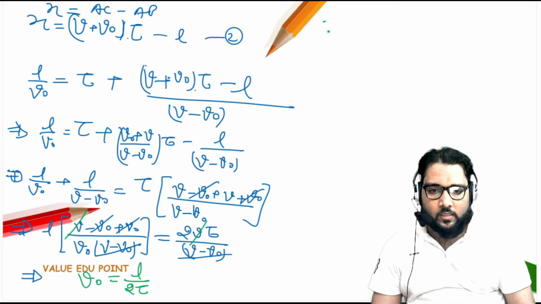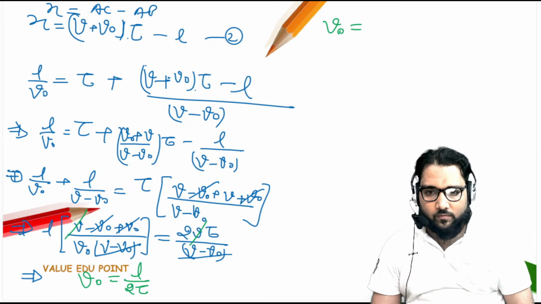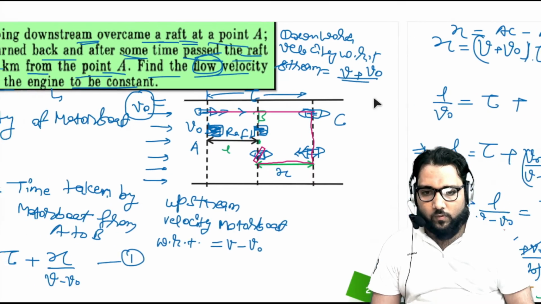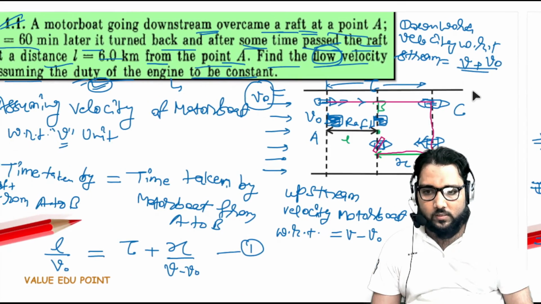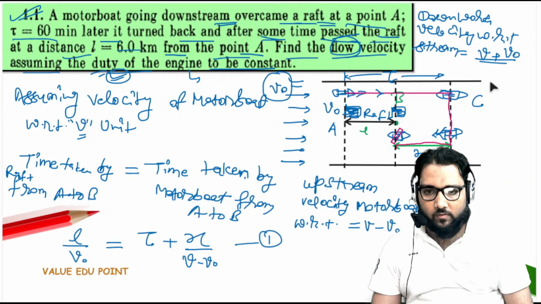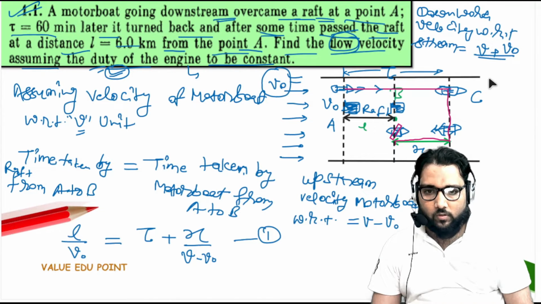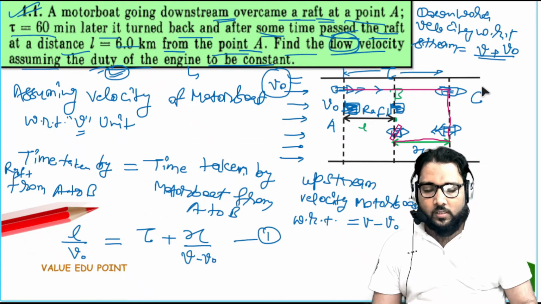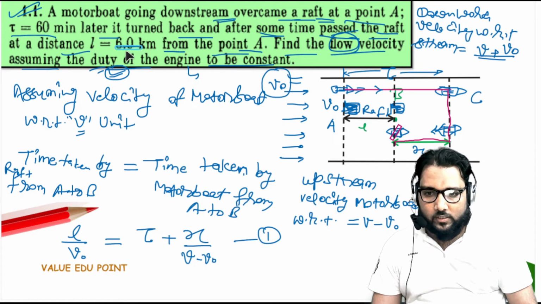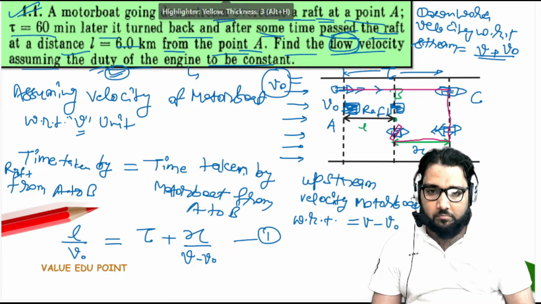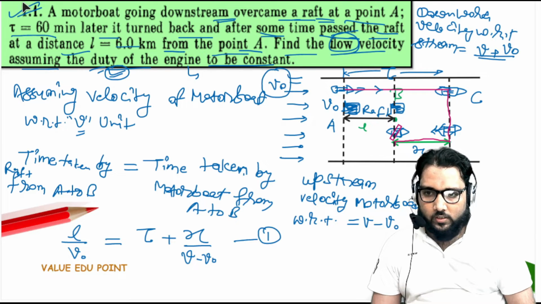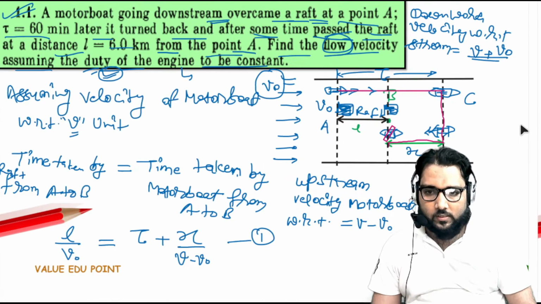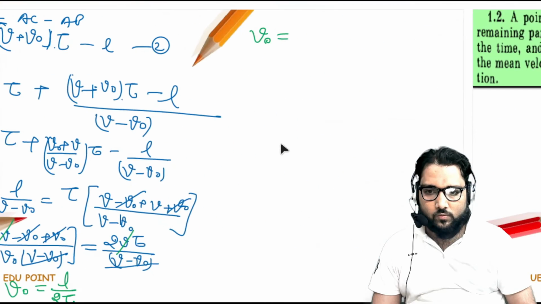Is it okay, guys? So when you put the values that are given in the question, always try to solve in variable form, and in the last expression put the values. So L is given 6 kilometer and τ is given 60 minute. Is it okay, guys?